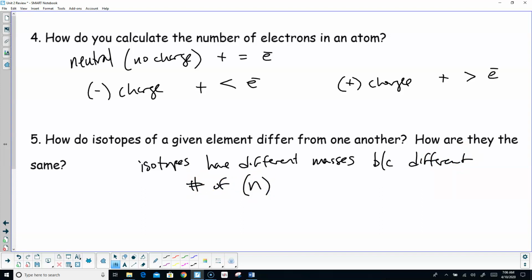Okay. How are they the same? They have the same number of protons. So they're the same element, but they have different mass because they have different numbers of neutrons.